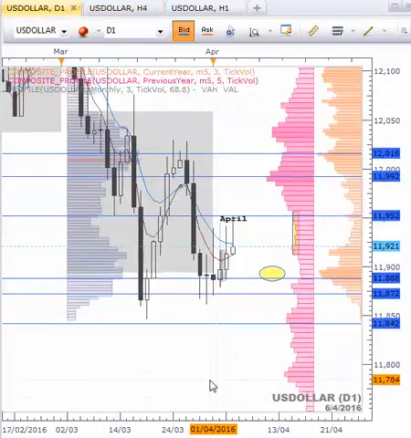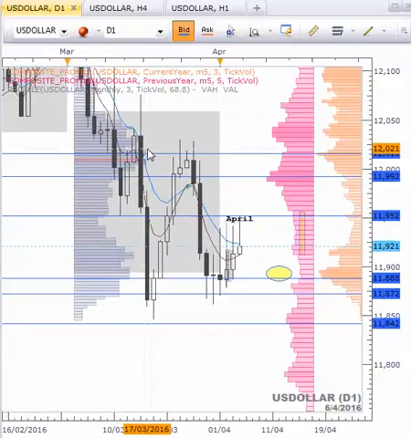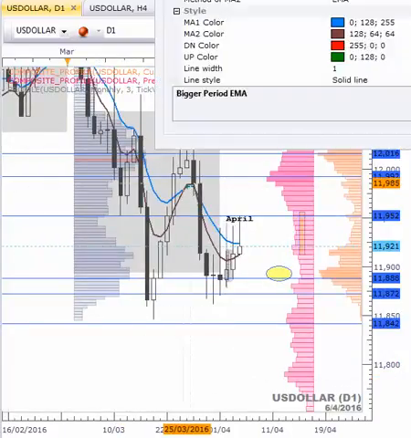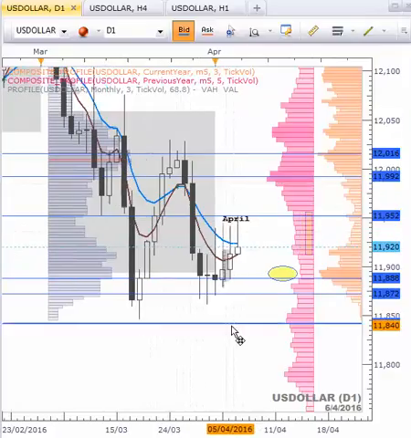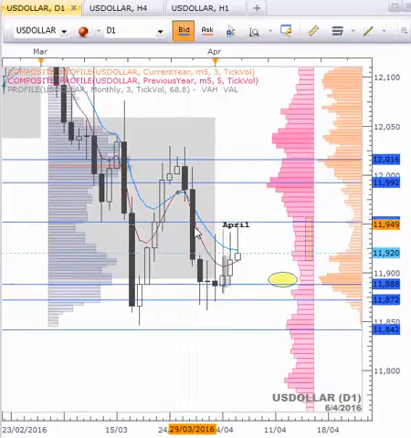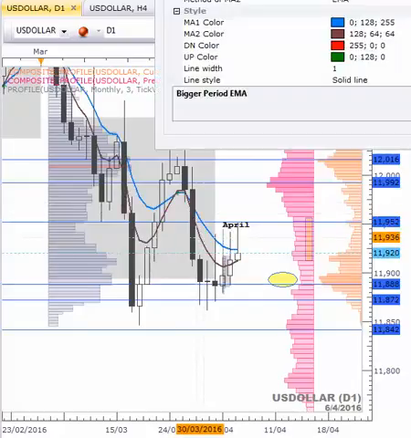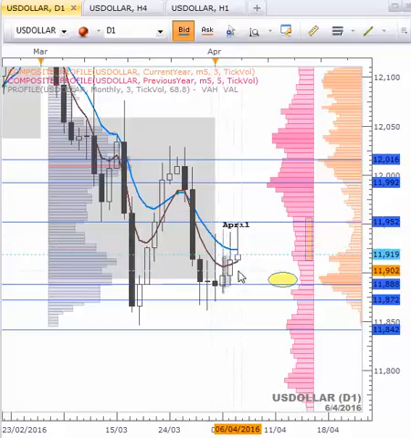On the daily chart, the 5 and 10 EMA, the 5 EMA in my setup is in blue, so the smaller is in brown.